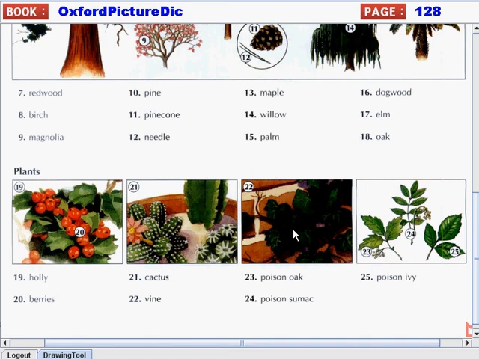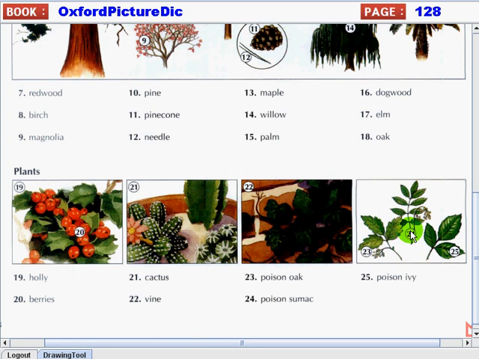Next we have in number 23 the poison oak. Poison oak. It is a western North American shrub, right? And it bears leaves that often resemble oak leaves and secretes an oil that can cause a severe rash on contact.